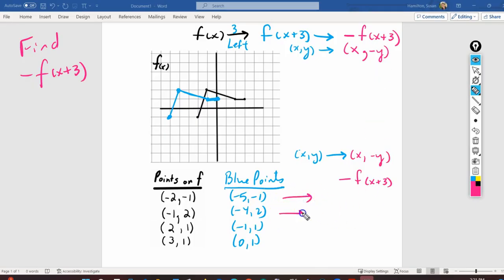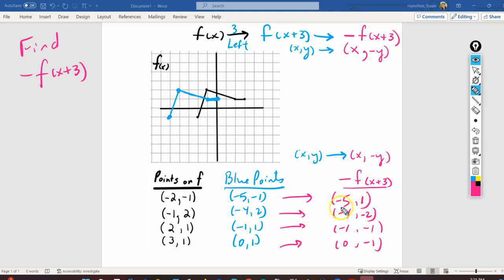So the negative of -1, I'll have -2, I'll have -1 and -1.